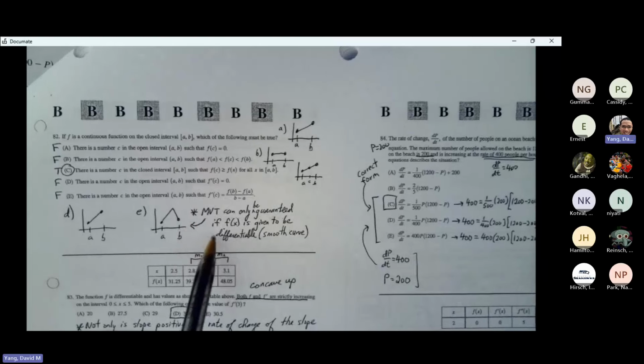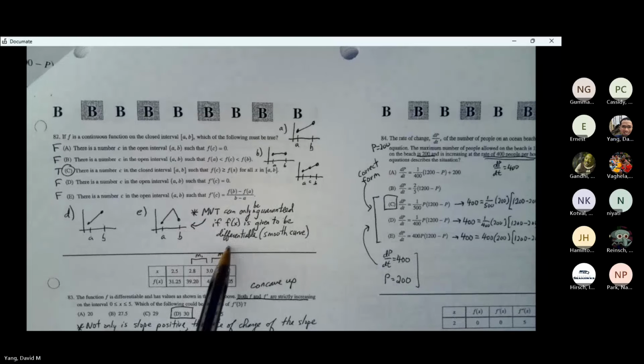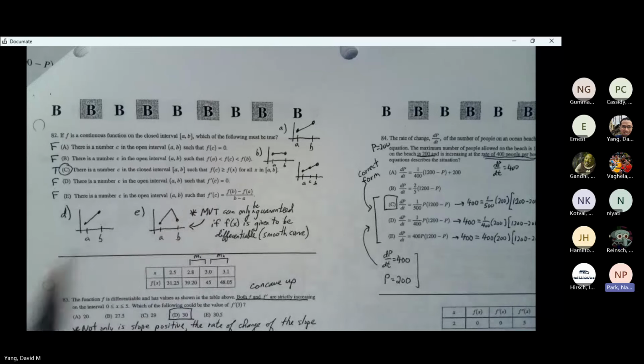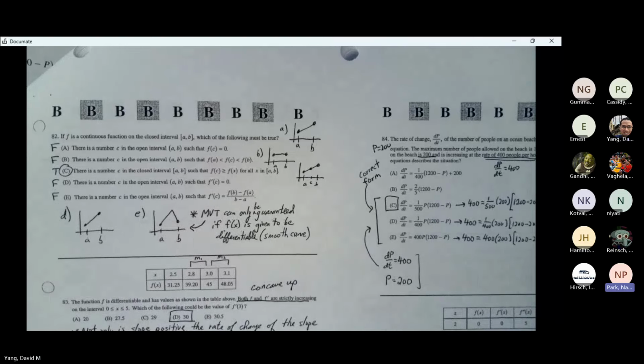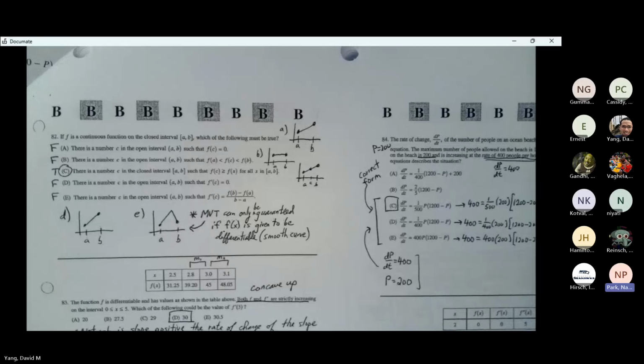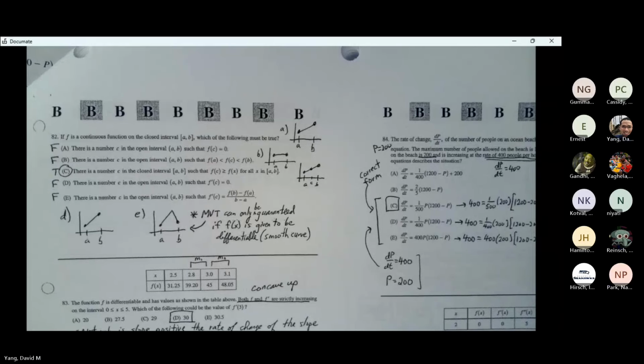Oh wait, hold on. How C is going to be what? I don't really get what the answer is saying. Oh, I see. I get why all the other ones are false, but I don't really understand the correct one.